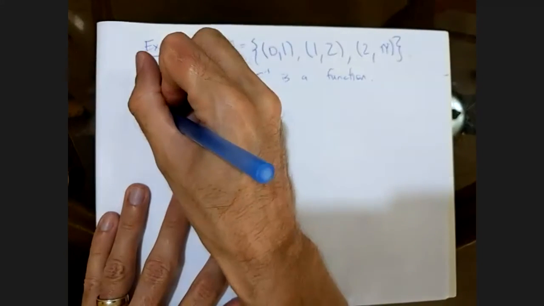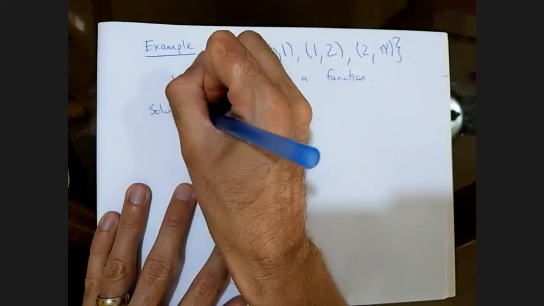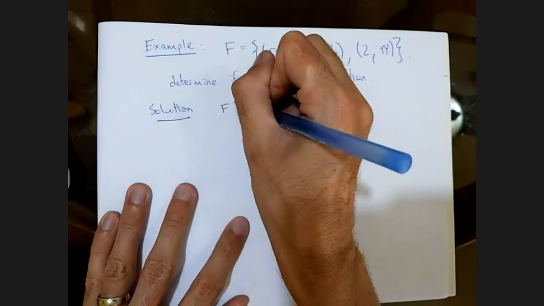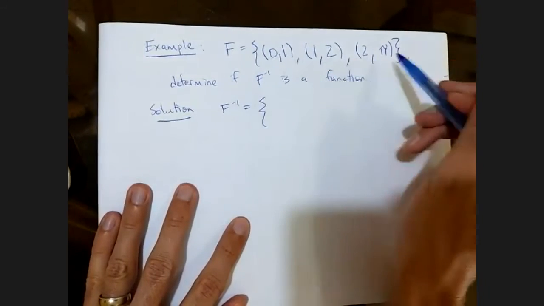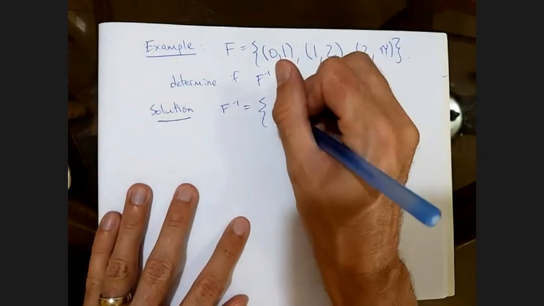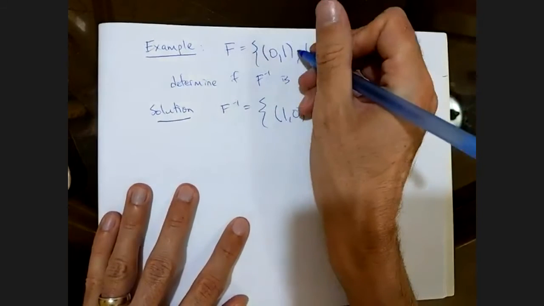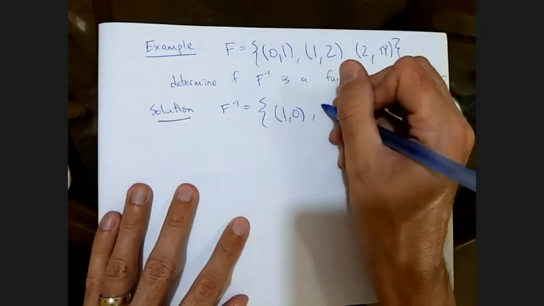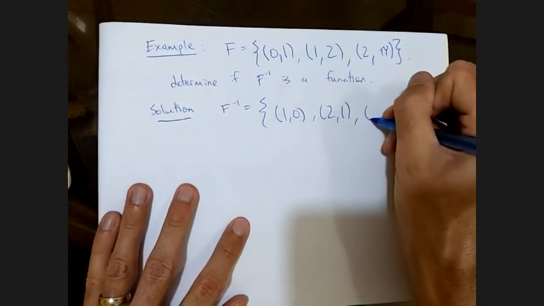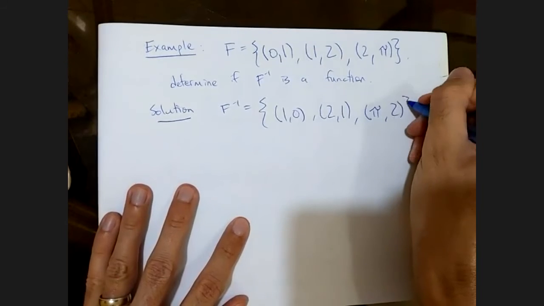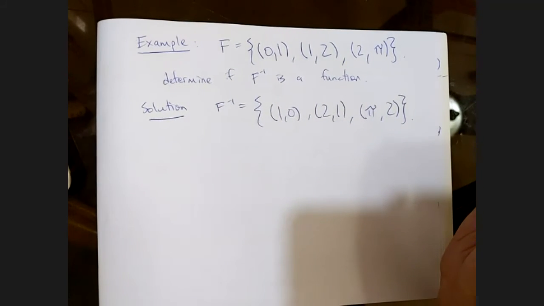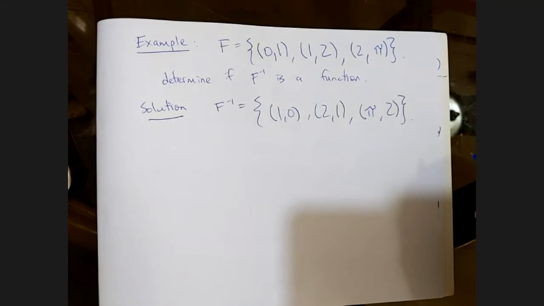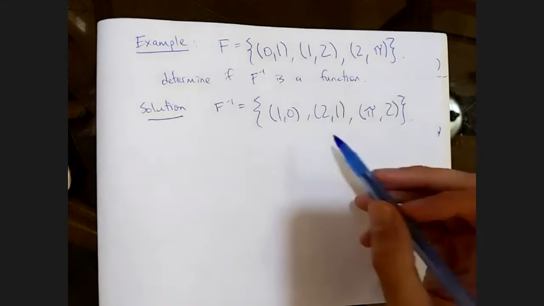Well, F inverse is just the binary relation you get by switching everything. Basically, switch everything: 0, 1, we switch it. This is also a function, right?